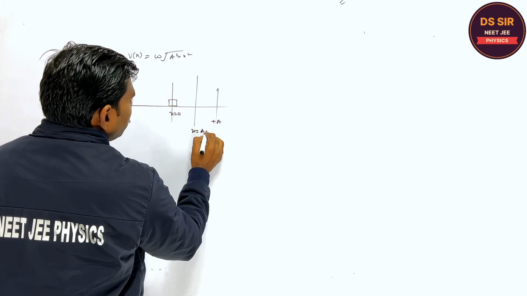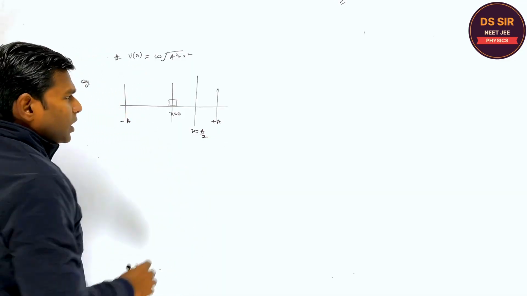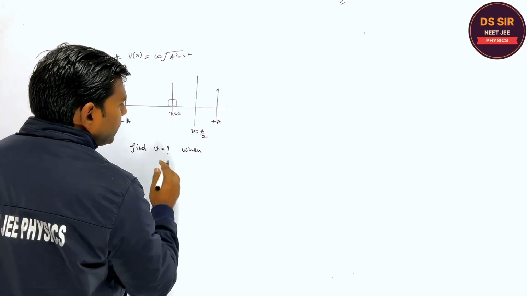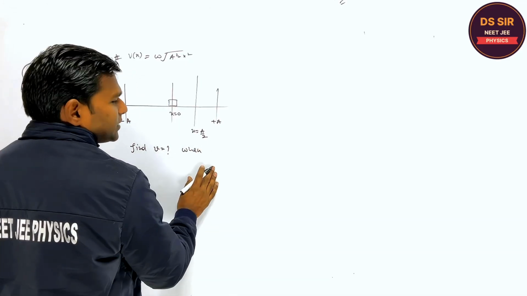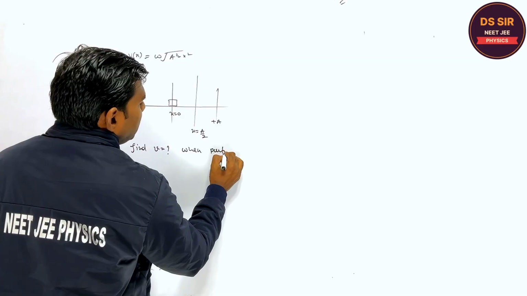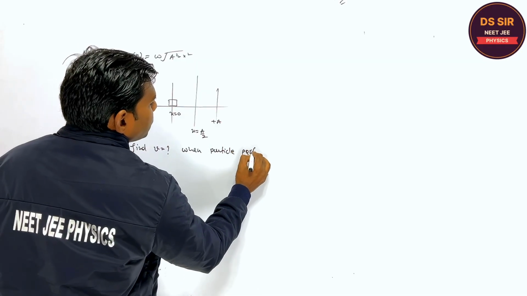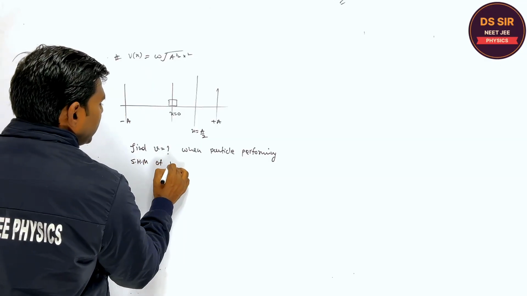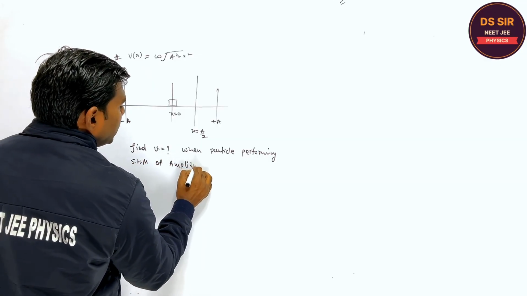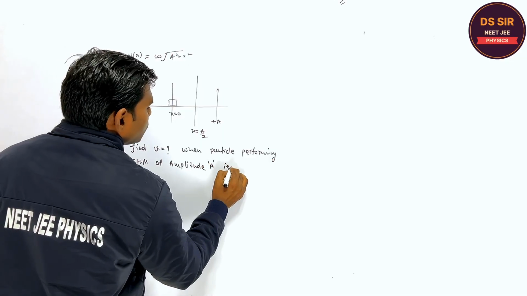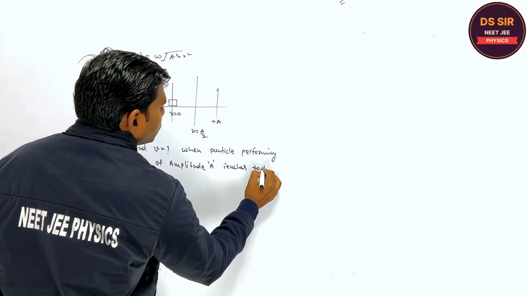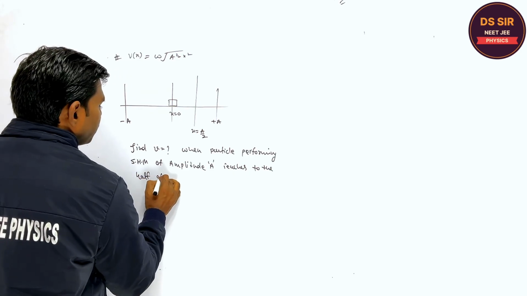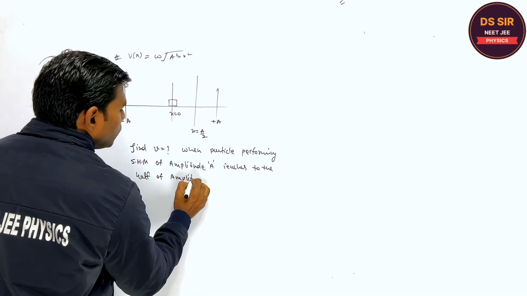When it reaches a by 2, can you find the speed when the particle performing SHM of amplitude a reaches the half of its amplitude, reaches the position half of the amplitude? So what you have to do?